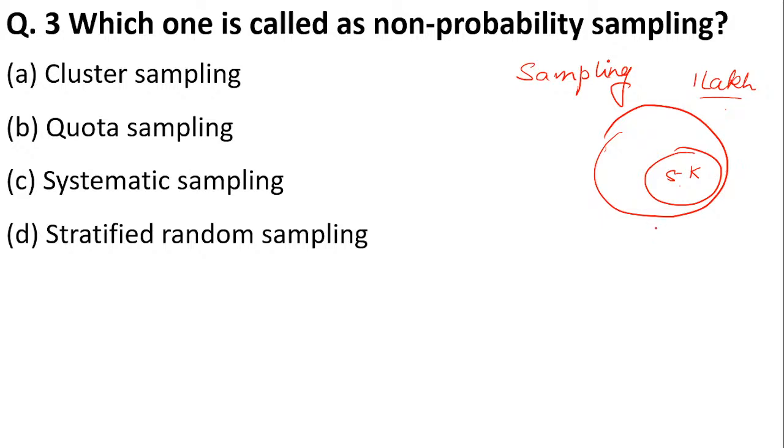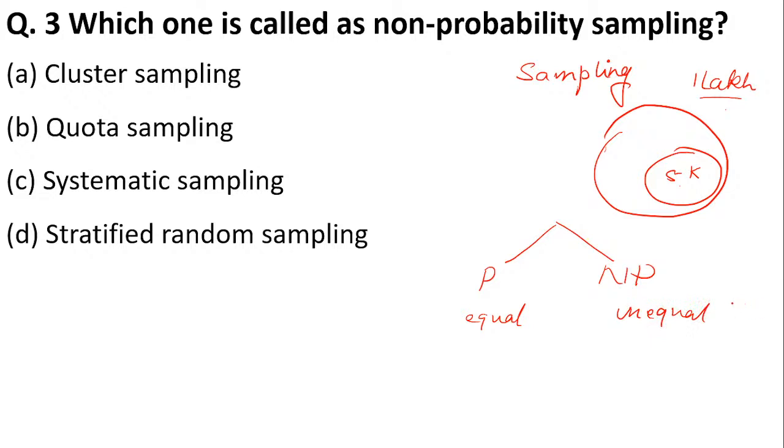So here there are two types of sampling. One is called probability sampling, and the other is called non-probability sampling. Probability sampling means the chances of getting picked from the population are equal. All the people have equal chances of getting picked, while in non-probability sampling there are unequal chances of getting picked.